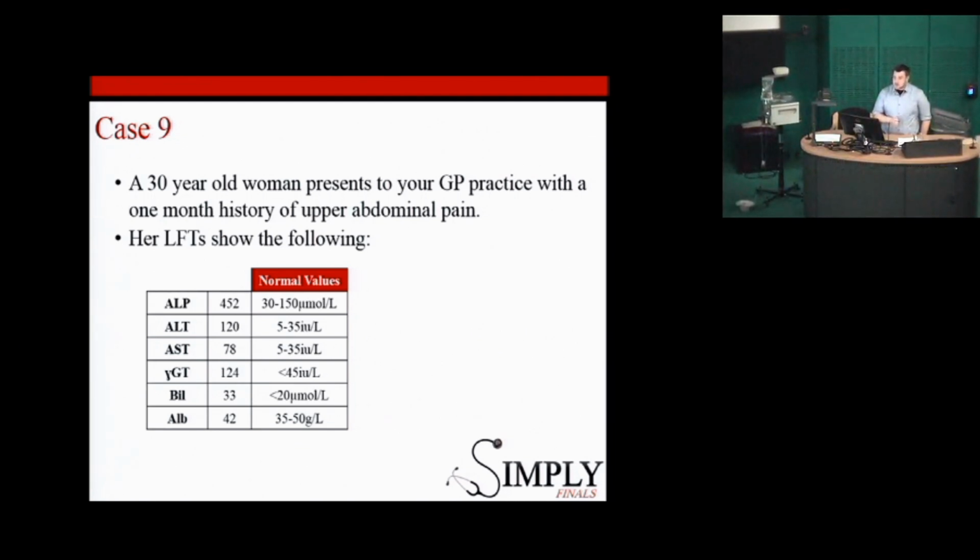So what's the famous triad for cholangitis? What's Charcot's triad? Can someone confidently say all three? Jaundice, yes. Charcot's triad is the presence of jaundice, right upper quadrant pain, and fevers with rigors, and that's ascending cholangitis until proven otherwise.